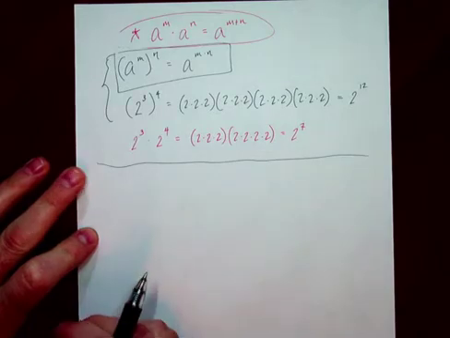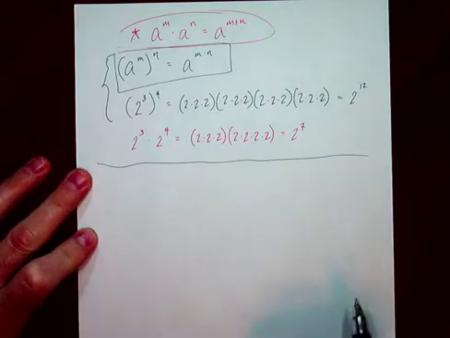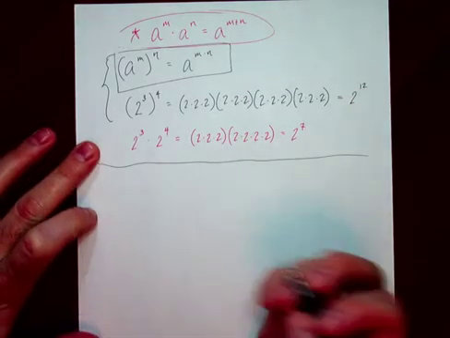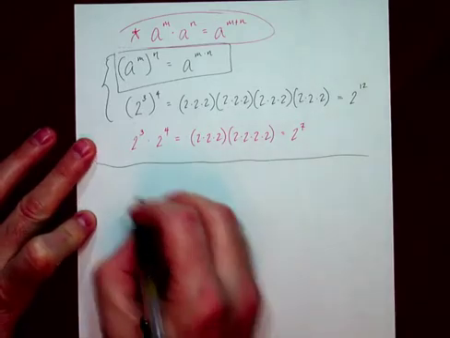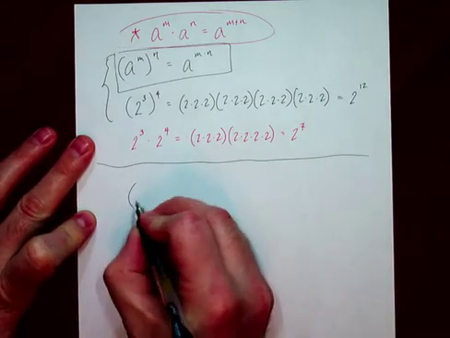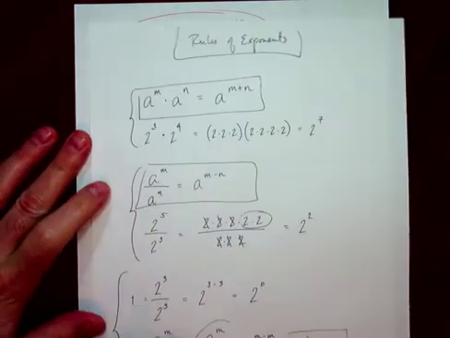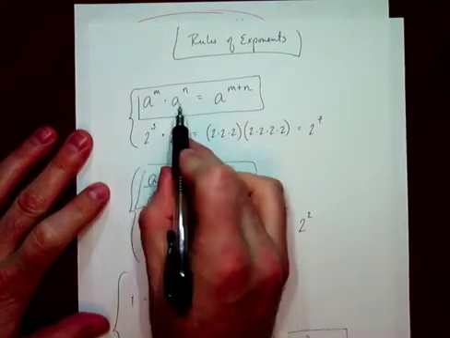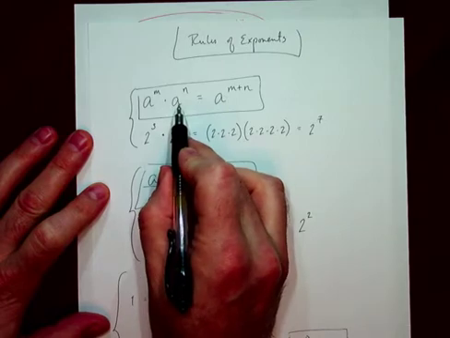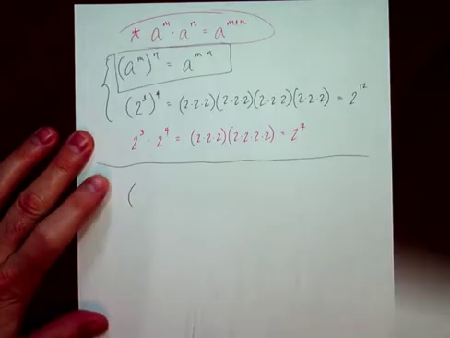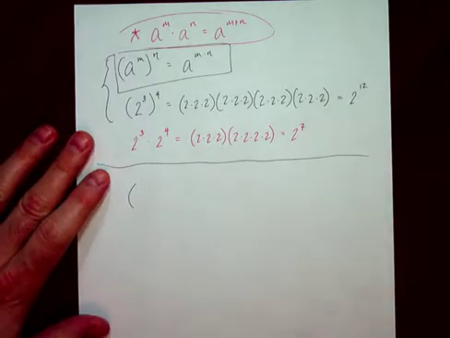Now, let's go ahead and do negative exponents. Actually, let's go ahead and do the power of a product rule. And basically what that says is, in the ones previous, we've been dealing with where the base was the same, right? And the exponents were different. Here, it's going to be kind of turned around.